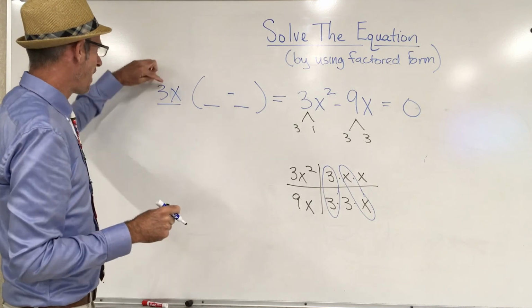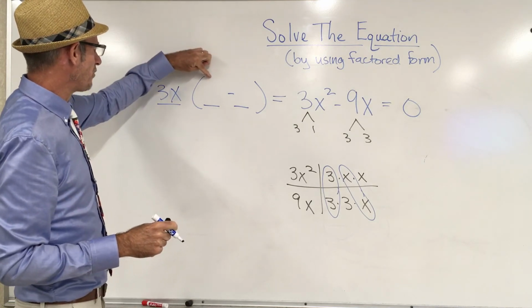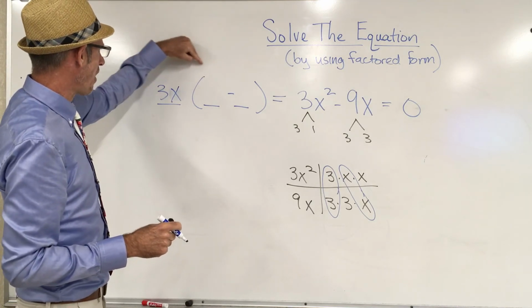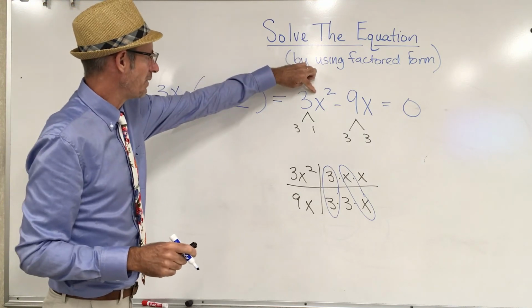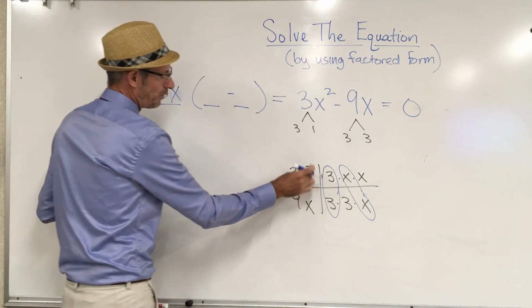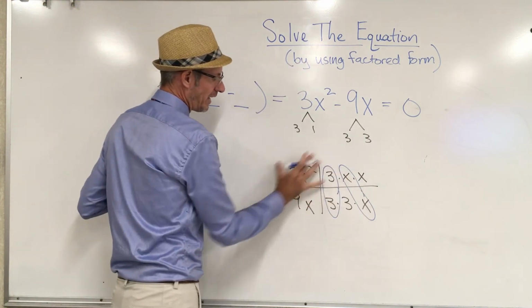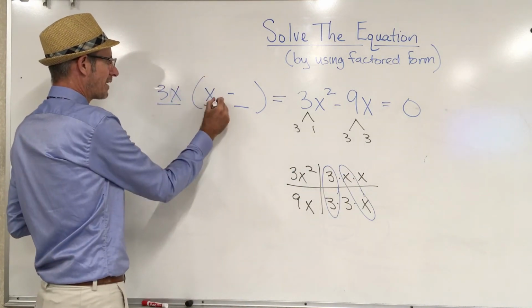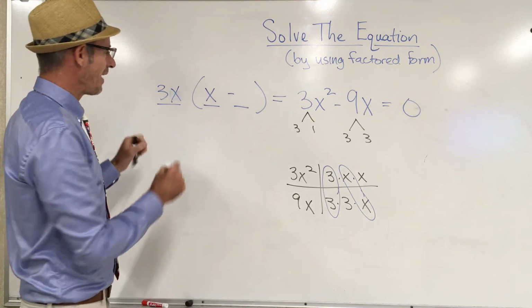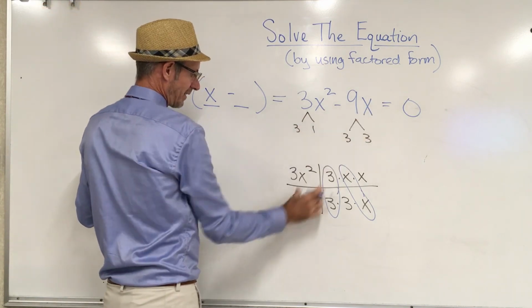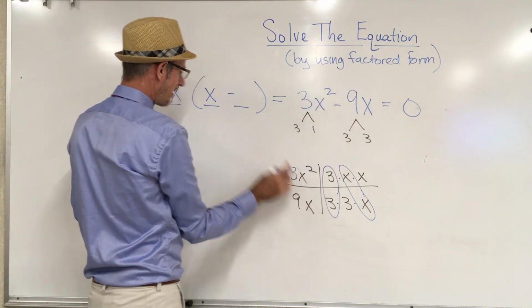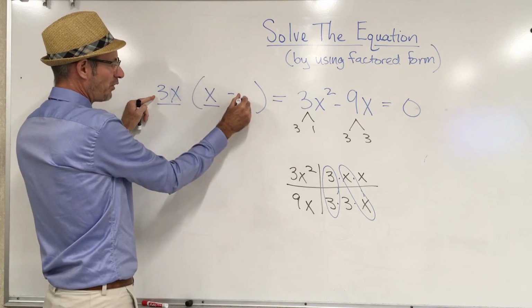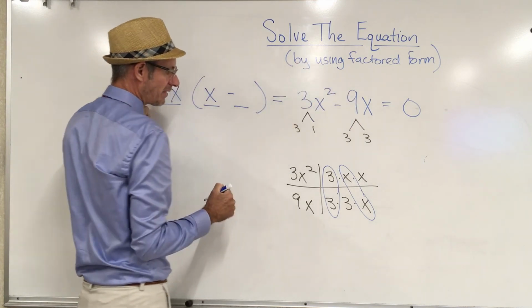And we want to think about how do we do the distributive property so that this product right here comes out to 3x squared. Well, if I'm trying to get 3x squared, that's where this chart is very helpful. I have a leftover x. So my leftover x is going to go right there. And if I'm trying to get 9x, this term right here, what do I multiply 3x by so that the answer comes out to 9x?